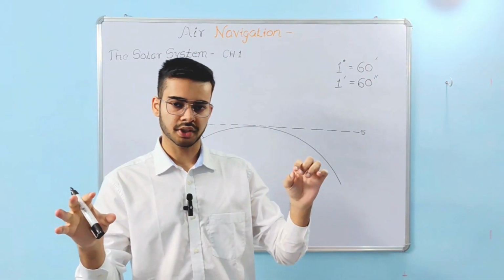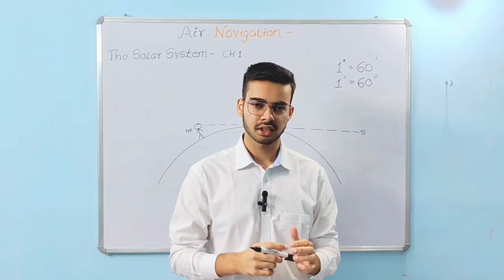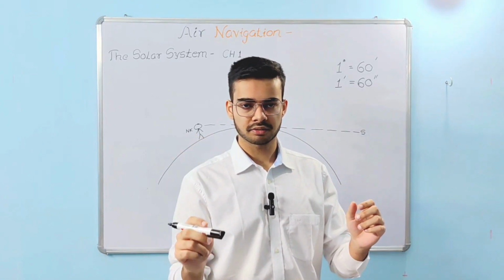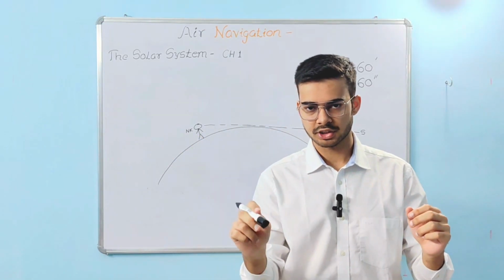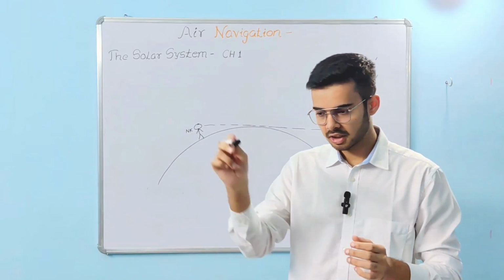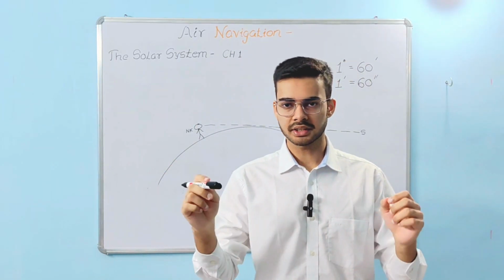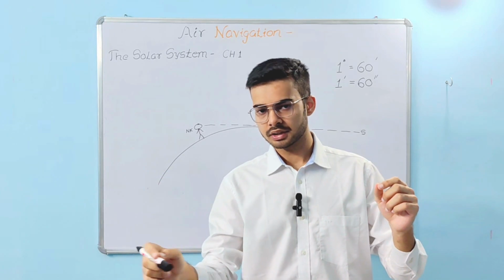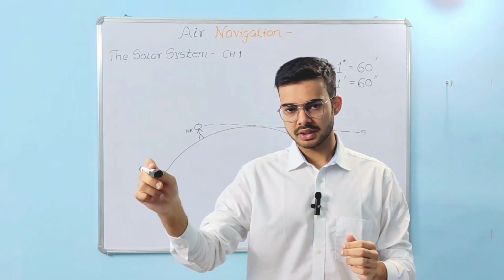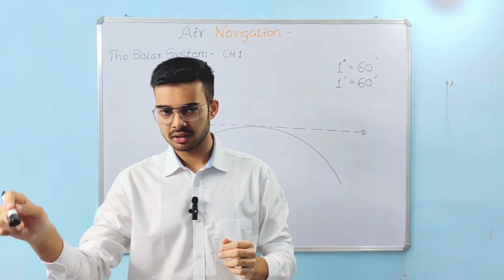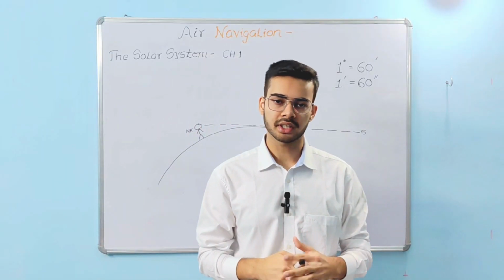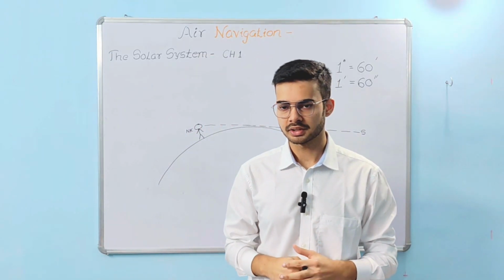That period of time is called civil twilight. When the sun's center is between 6 to 12 degrees, that time period is called nautical twilight. And in the end, 12 to 18 degrees, if the sun's center is between that arc, then that time interval is called the astronomical twilight period.